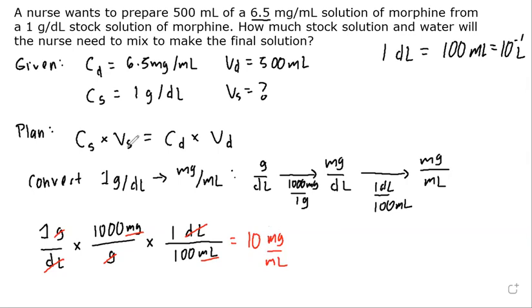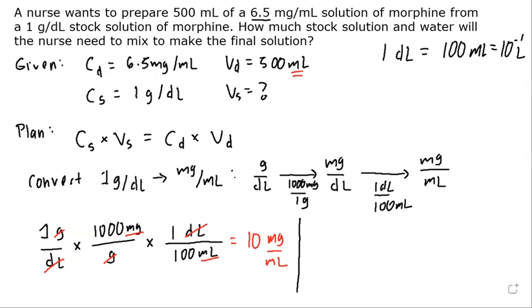So this is the concentration of our stock morphine solution in units that now match the concentration of our dilute solution. So again, it's really important that your concentration units match on both sides of the equation, as well as your volume units. Because our volume units are in milliliters, when we solve for the volume of stock solution, we're going to be solving for milliliters of stock solution.